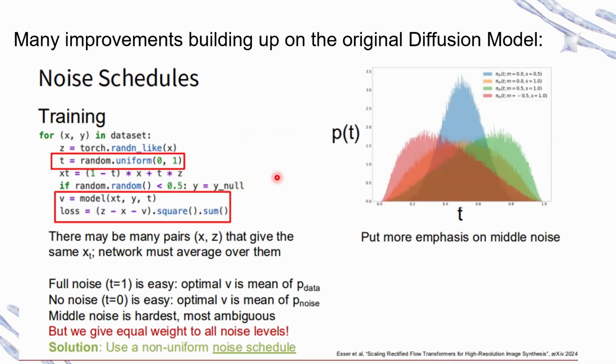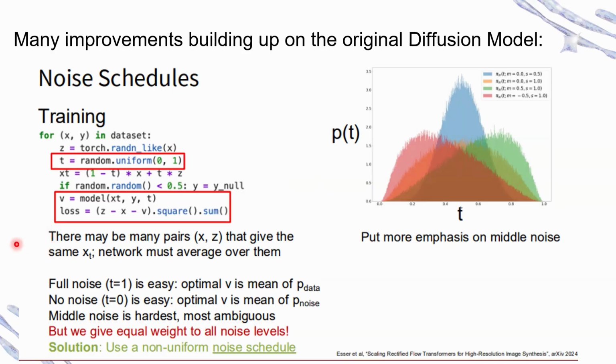Another very significant improvement on the original diffusion models is noise scheduling. During noise scheduling, there might be many pairs of image X and latent Z that give the same X of T, and we want the network to be able to average over them.